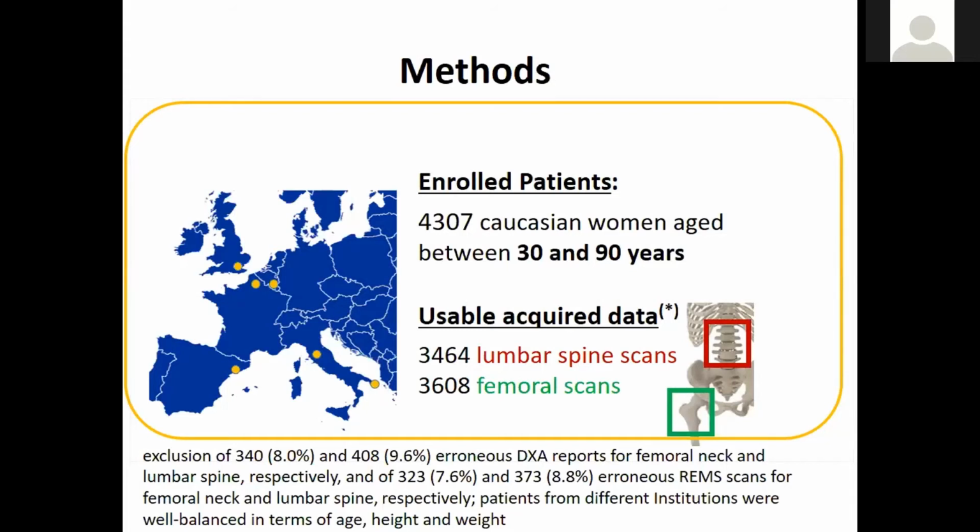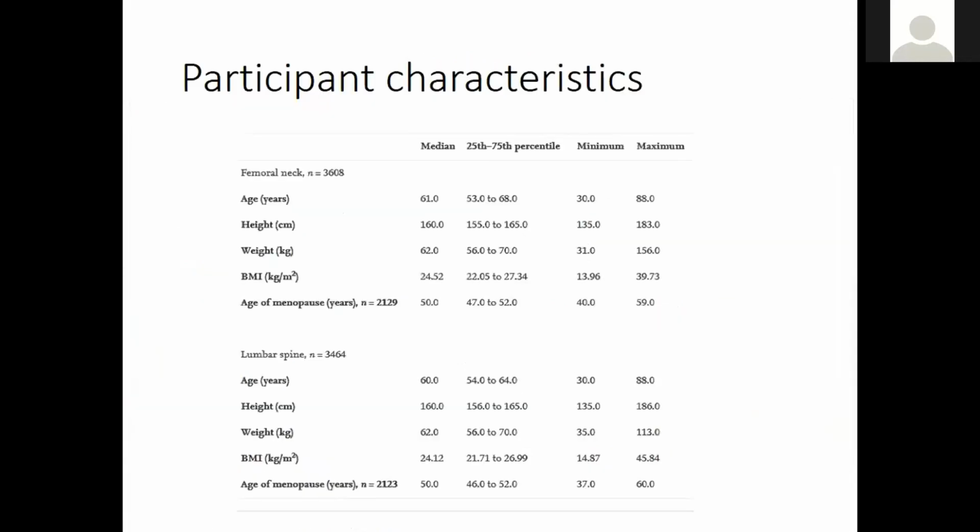So here as a postscript to the slide just underneath, you can see the reasons why those numbers dropped. So there are about 10% erroneous DEXA reports, and 7.6 and 8.8% REMS scans were erroneous for femoral neck and lumbar spine. But broadly, all the recruiting centres recruited very similar numbers of individuals.